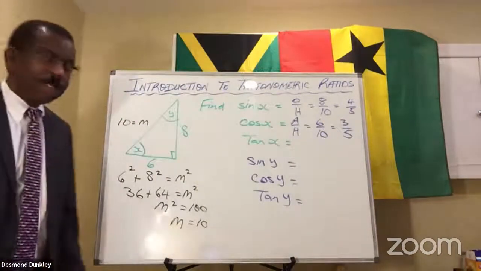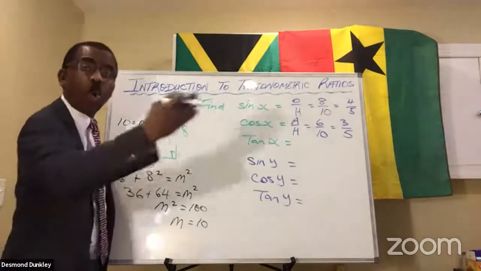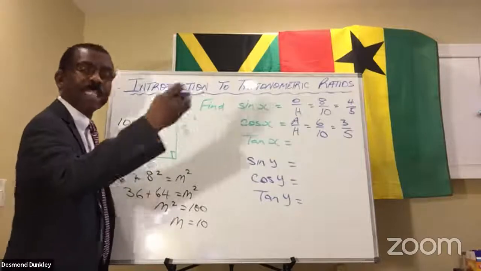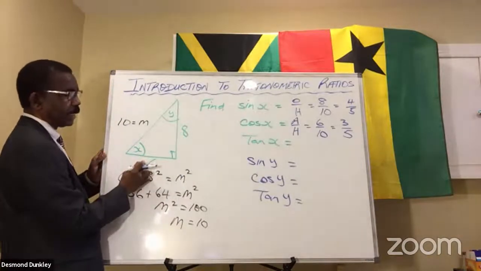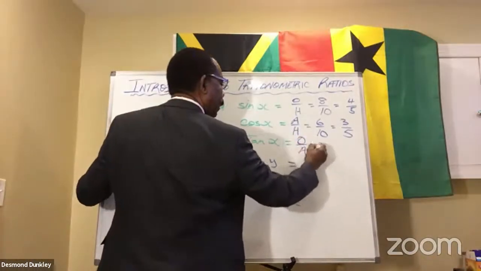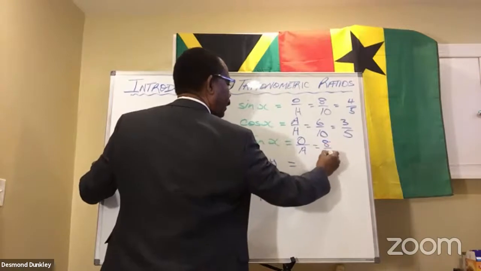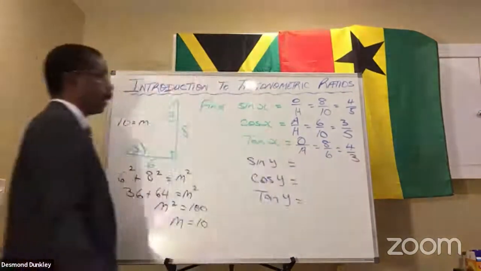And finally, tan of X is TOA, so CAH TOA, opposite over adjacent. The opposite is 8, the adjacent is 6. So tan of X is opposite over adjacent equal to 8 over 6 equal to 4 over 3.